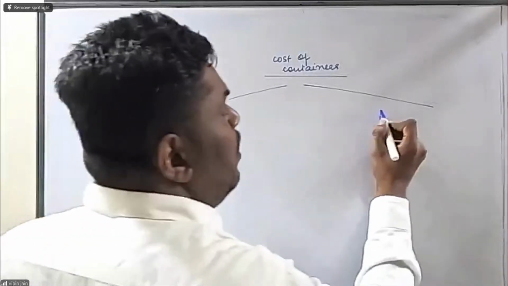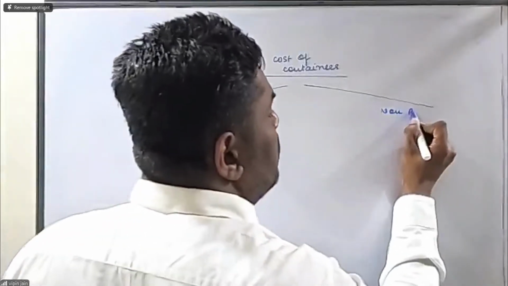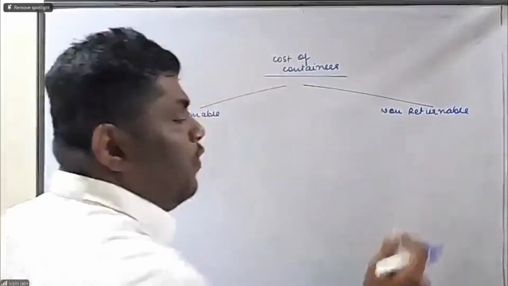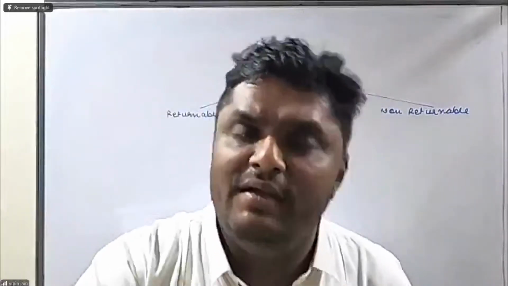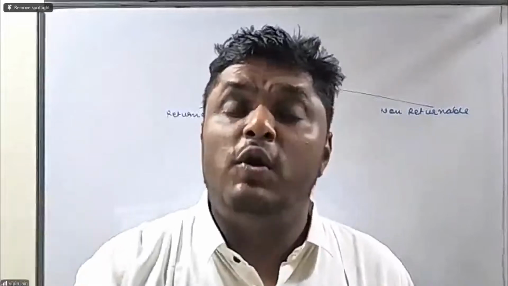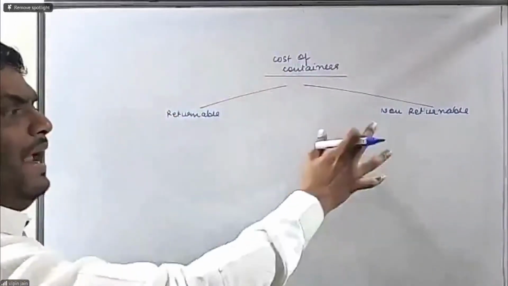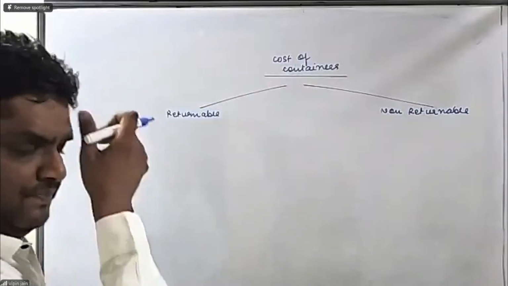Returnable and non-returnable containers. वो कंटेनर्स जो हम लोग वापस रिटर्न कर सकते हैं और वो कंटेनर्स जो हम लोग वापस रिटर्न नहीं कर सकते. So returnable and non-returnable containers.